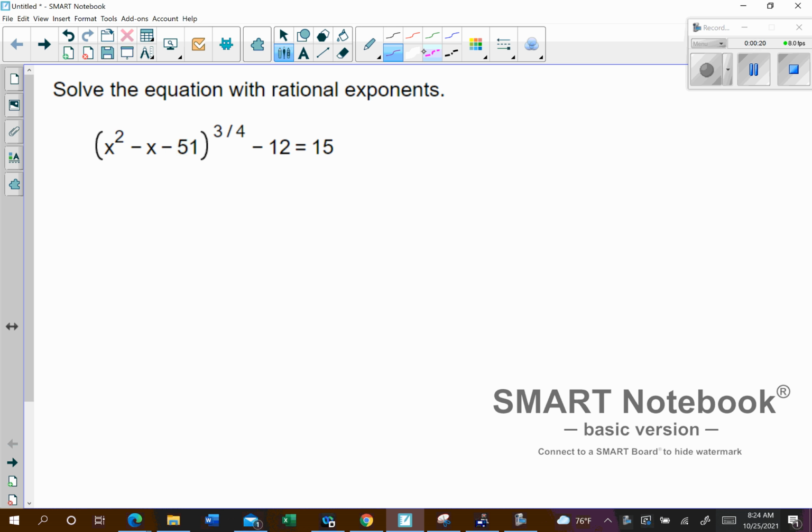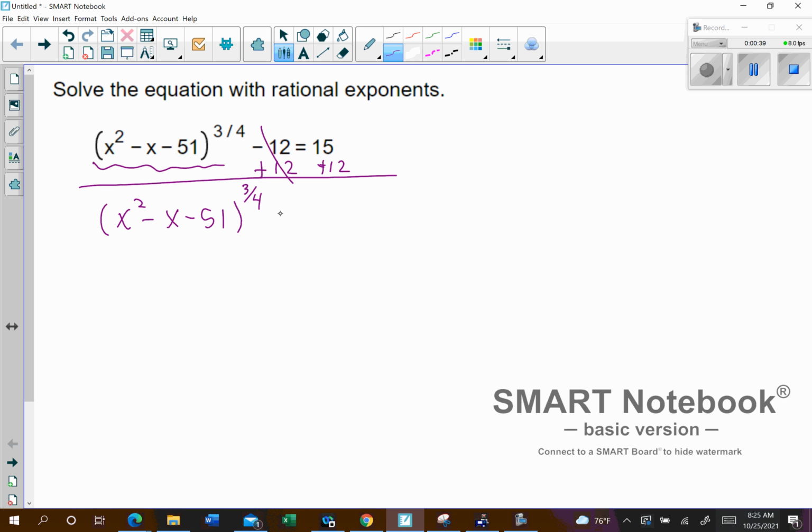So this first one, what you want to do is isolate the base that has the fractional exponent. So we'll add 12 to both sides. Then we're left with this on the left side, and on the right side we'll have 27.